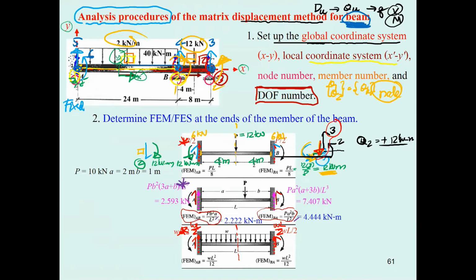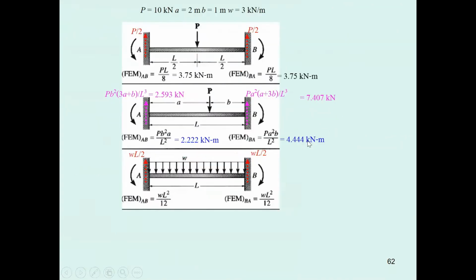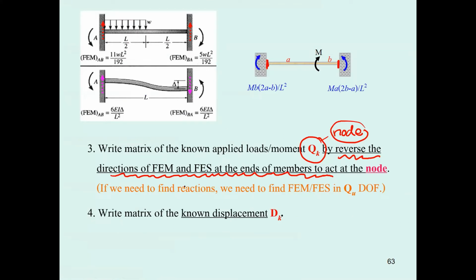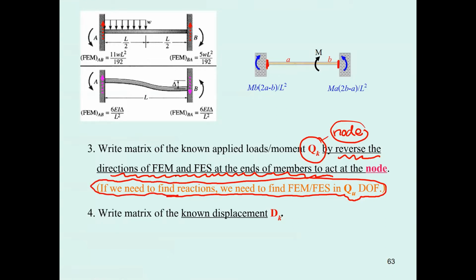This fixed end shear is related to the Q sub U. Then when you determine the reaction, you must include the fixed end shear and fixed end moment in the Q sub U. I will demonstrate this later. Okay, and then the same procedure, just take care of the picture, list the problem carefully and check it out. What is going to be the known displacement?